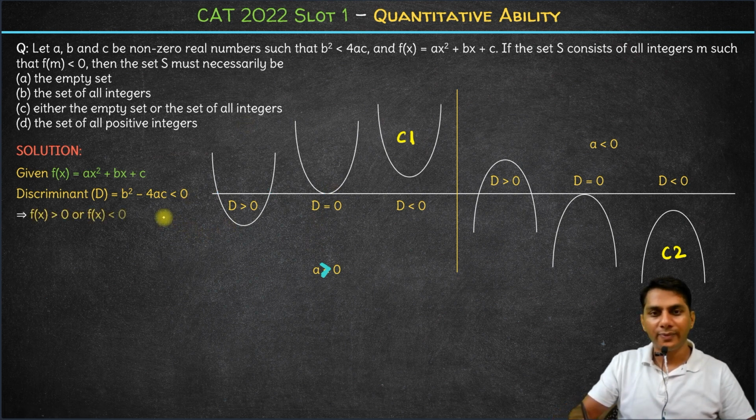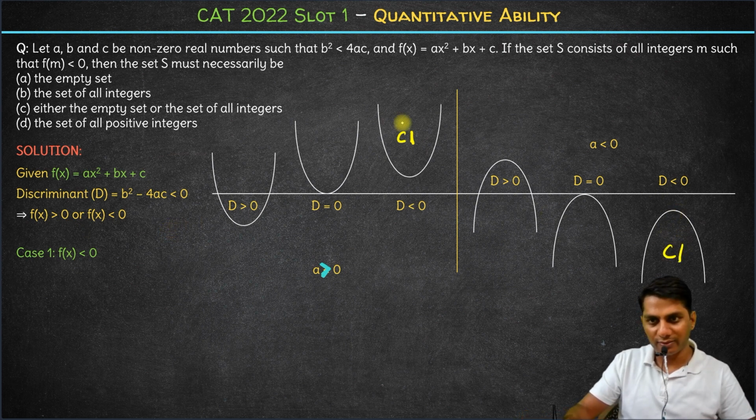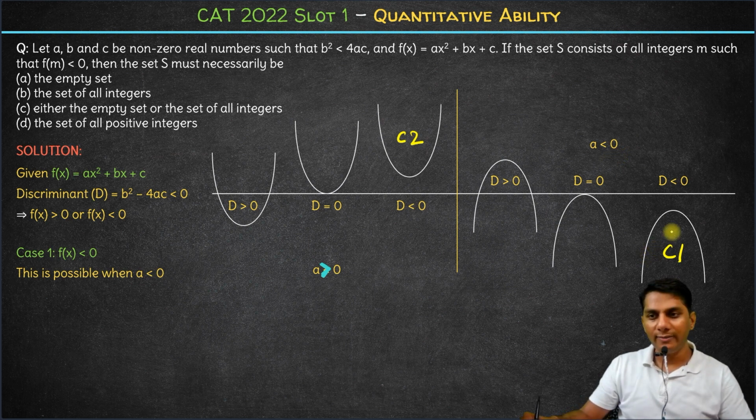The first case is when f of x is always less than 0, which is possible when a is less than 0, right? Now if this is the case, what are the values of m for which the function is less than 0?